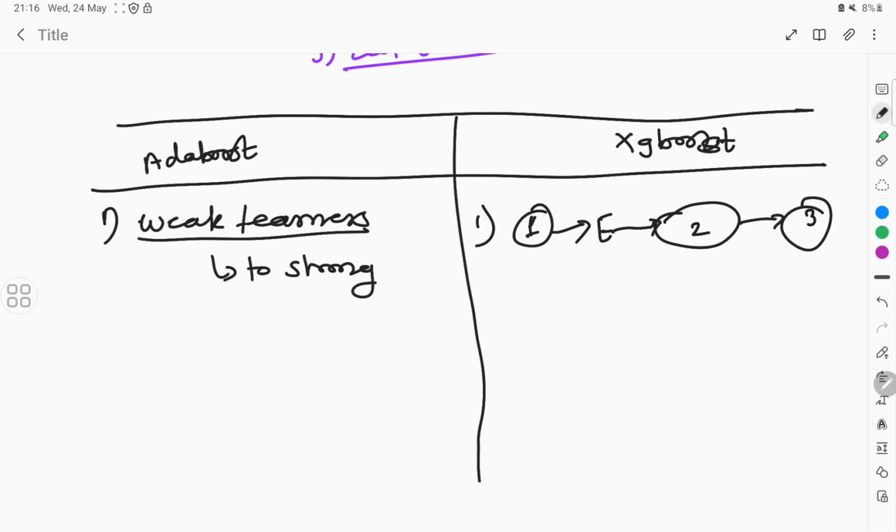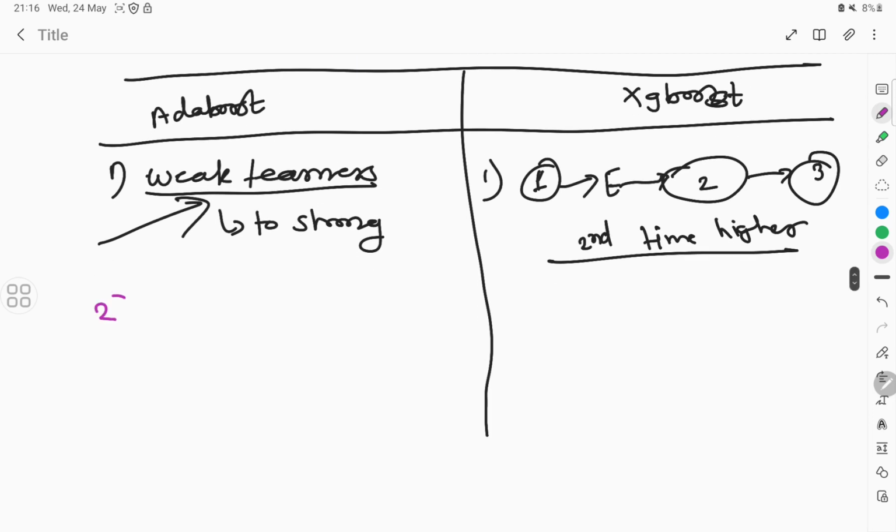One important point is that it uses the second-order derivative, because it does not take all weak learners at the same time, but AdaBoost takes all learners at the same time. That's the very important difference.